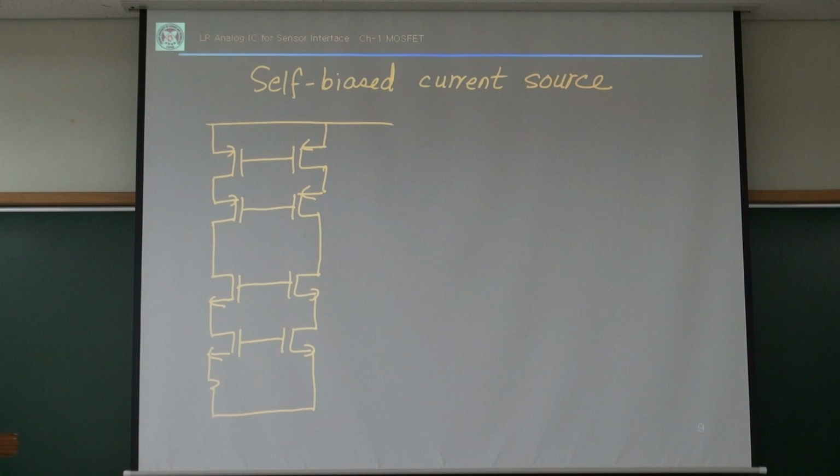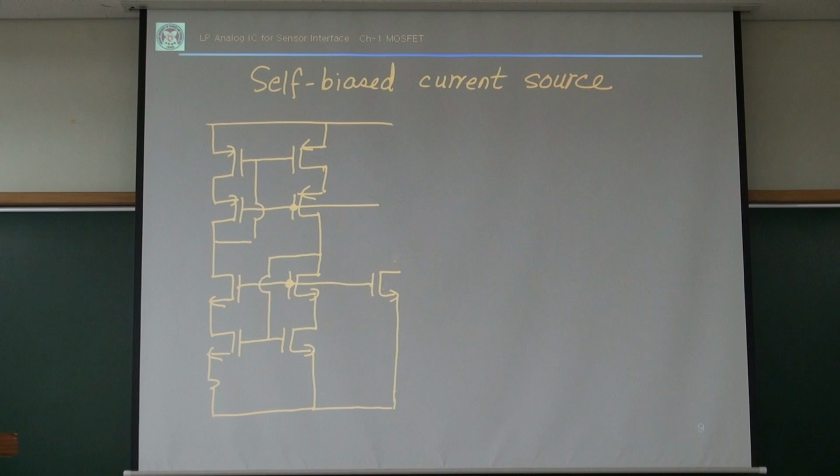Because I have a resistor there, I must have a diode on the opposite side, right? I must have a diode on the opposite side over here too. So I need a bias for this one. This one I need a DC bias, right? So for that purpose, for this bias, I have a small W over L transistor there.